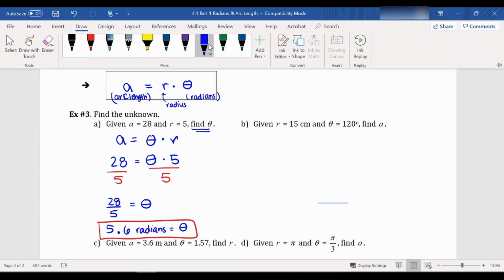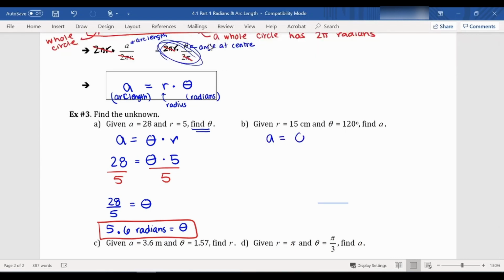Let's try the next one. So we know that A is equal to theta times R, but theta should be in radians. So we must change this to radians. So we've got 120 degrees times our conversion factor. We would be using pi over 180.